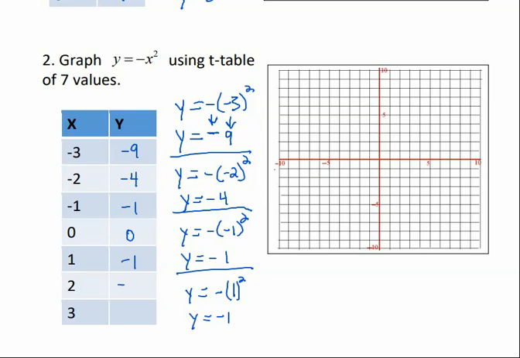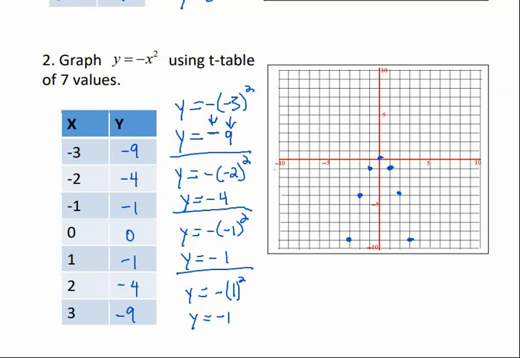And then it's going to be the same thing. If I plugged in a positive 2, it would come out as a negative 4, and we get a negative 9. All right, so let's graph that. Negative 3, negative 9, negative 2, negative 4, negative 1, negative 1, 0, 0, 1, negative 1, 2, negative 4, and 3, negative 9.